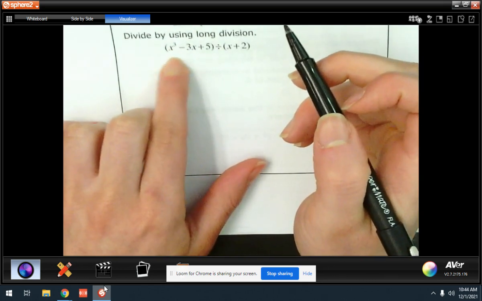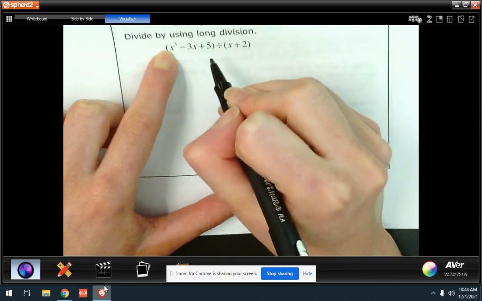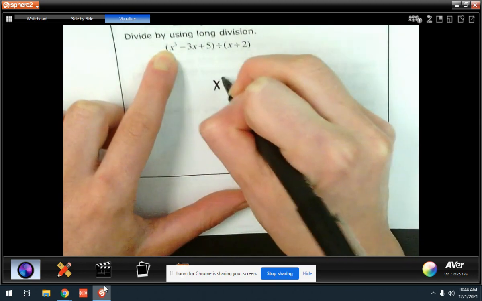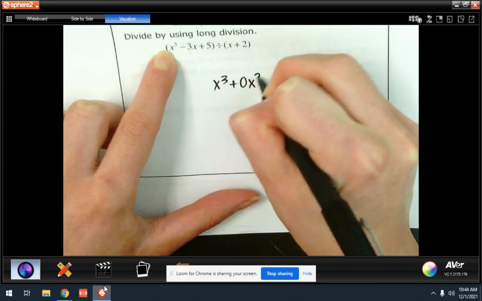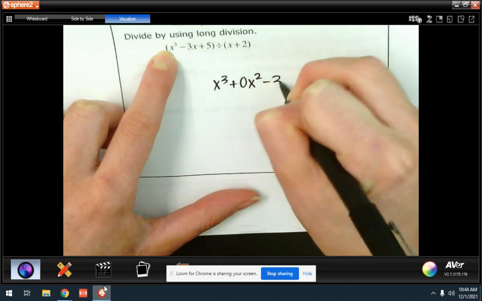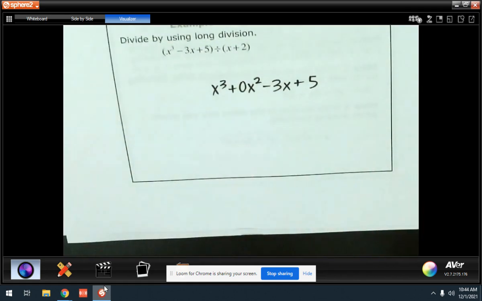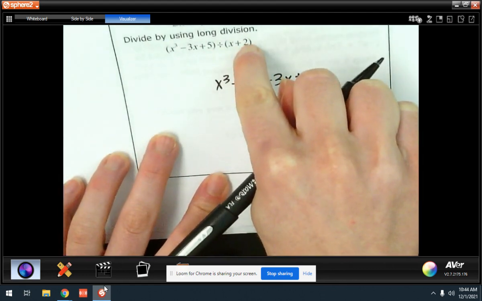missing term. Okay, so when you're setting this up, x cubed minus 3x plus 5, it's missing the x squared term. And so when I write it, I need to write x cubed plus 0x squared minus 3x plus 5. You have to do that for both the dividend and the divisor if there's any missing terms.